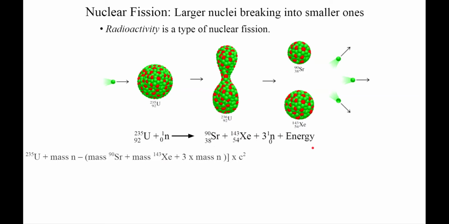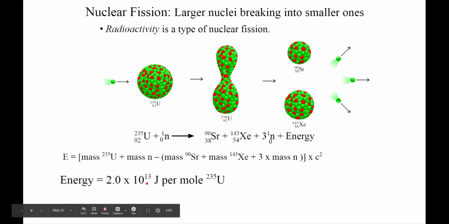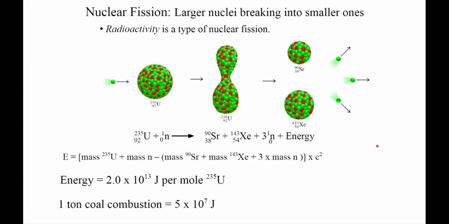Again, to show quantitatively, if you were to take the difference in mass of the neutrons versus of the uranium and the particles, you could then use E equals mc squared to figure out 20 trillion joules of energy for each mole of uranium. Now, for comparison, if you burn a ton, 2,000 pounds of coal, it can give off about 50 million joules.